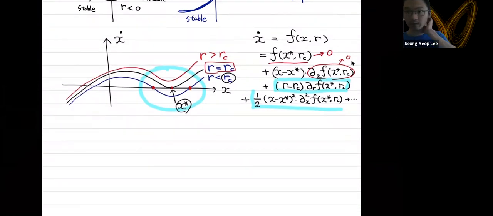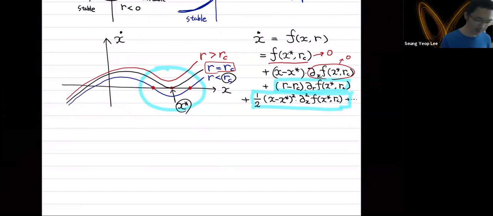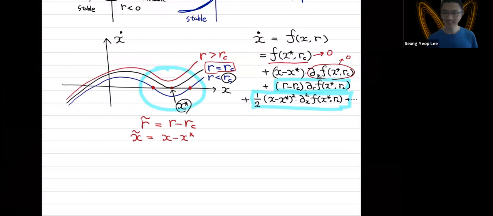Okay, so let's go back. From the leading term, you will see that if we make a new substitution of the new coordinates, something like that, and another coordinate, something like that, then x tilde dot, which is the same as x dot, is given by r tilde times some coefficient.